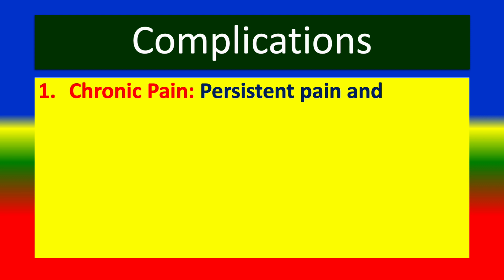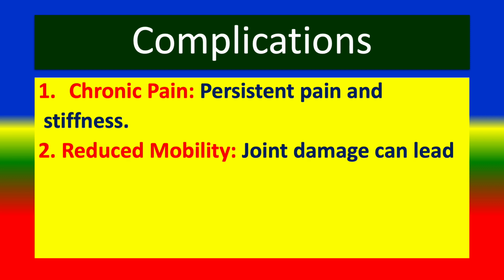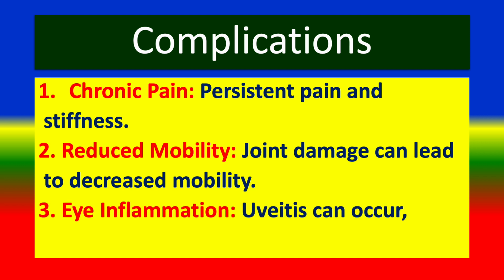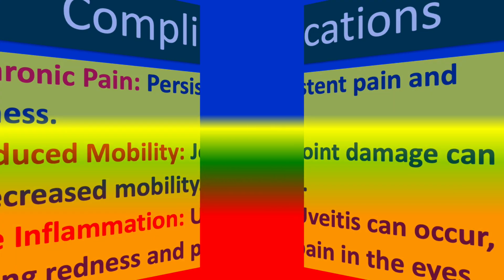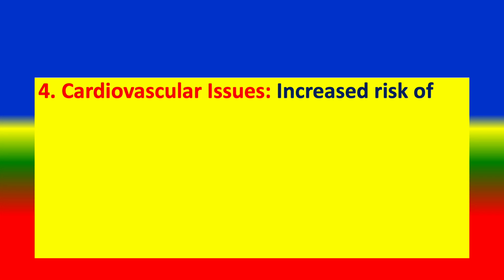Complications: 1. Chronic pain, persistent pain and stiffness. 2. Reduced mobility. Joint damage can lead to decreased mobility. 3. Eye inflammation. Uveitis can occur, causing redness and pain in the eyes. 4.